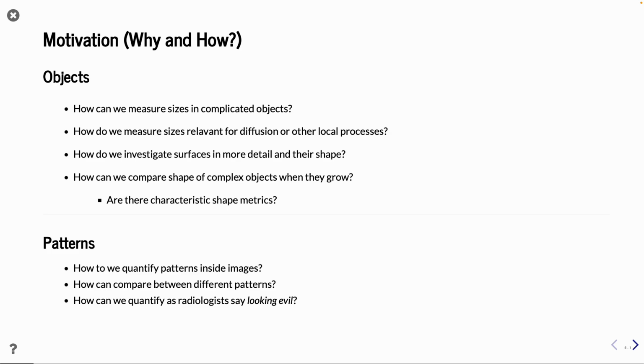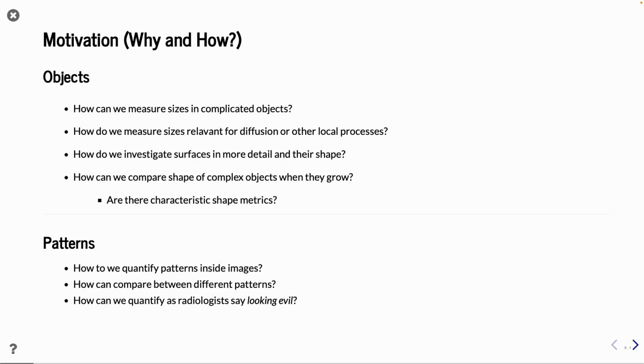One question is how we can measure the shape of complicated objects. Looking at just the area and perimeter doesn't really tell how an object is behaving. We can also look at where we are within the object, and this is what we want to look at now in this part of the lecture.